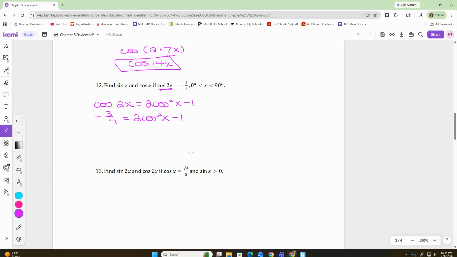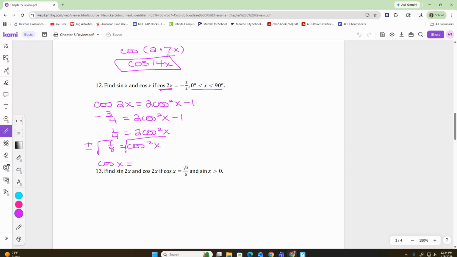So how would I solve for cosine? And then what? How do you get rid of a square? If you add a square root, we need plus or minus. How do we know which one it is?